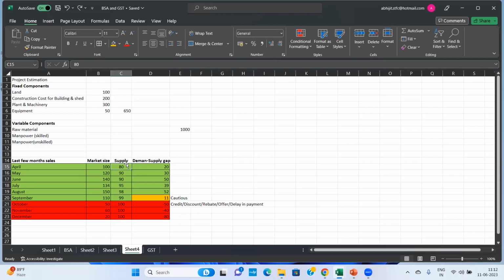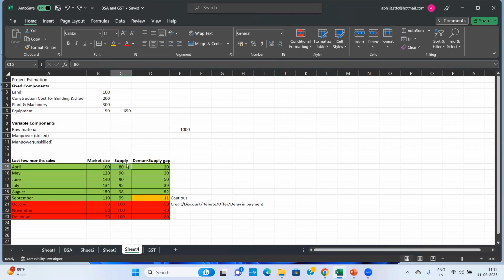Now, another thing is there, which we are missing. This data from April to December is quite an old data, right? Yesterday I told you why ratio analysis, we talked about limitations of ratio analysis, right? You remember?